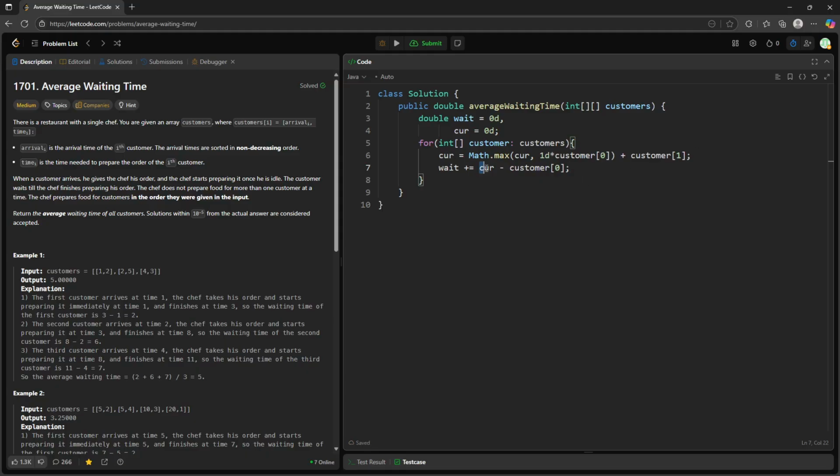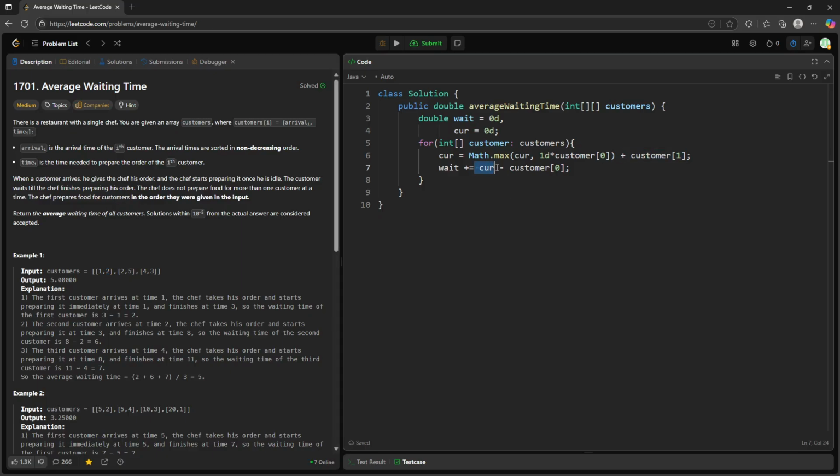Current is whatever time you are currently stepping at. If the current is greater than the customer's arrival, you don't care about the arrival, you care about current. The current will keep updating, and you add the customer's full time. In this case, this will be 2, this will be 5, this will be 3.